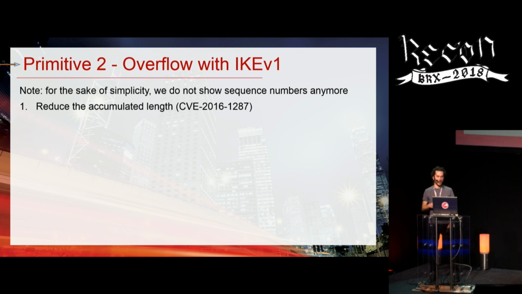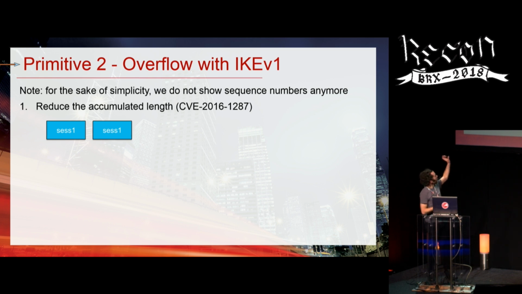The bug found by Exodus Intel in 2016 was all about IKE fragmentation. The idea of the bug is that they were able to reduce the accumulated length. Each time you send a fragment, it computes the length of the fragment you just sent, and stores somewhere how much data has been accumulated, so it knows the length once it receives the last one.